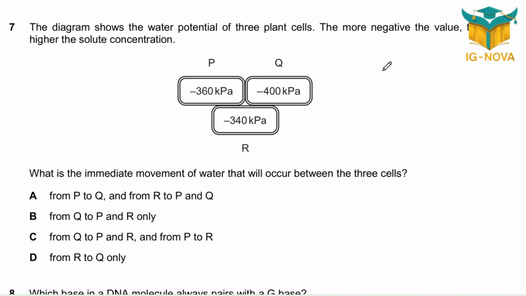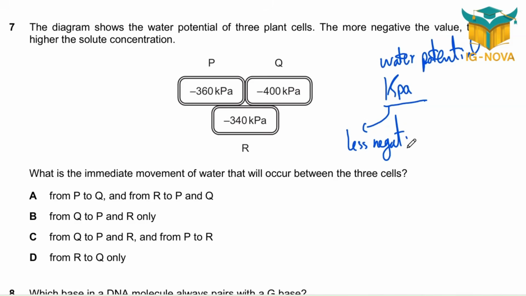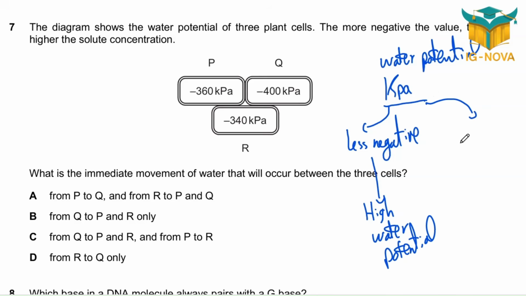First piece of information is water potential is given as kilopascal, and less negative, close to 0, means high water potential. On the other hand, if the value is large, more negative, that means less water potential.